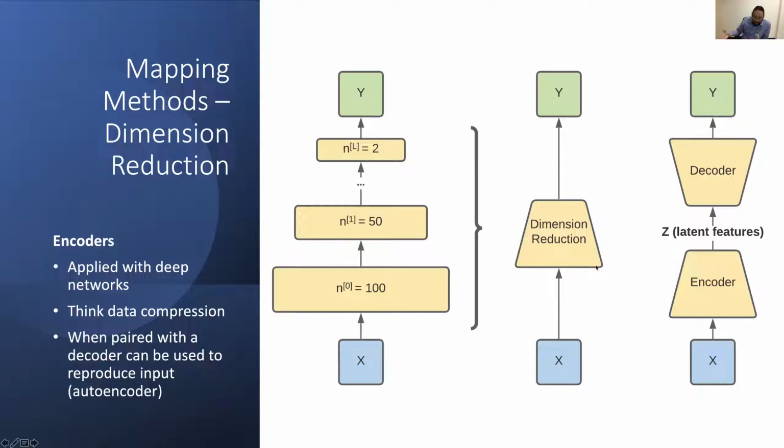In this series of lectures, I'm going to use this trapezoid as a shorthand for an encoder, and this inverted trapezoid to signify a decoder. It takes a lot of features and turns them into fewer.